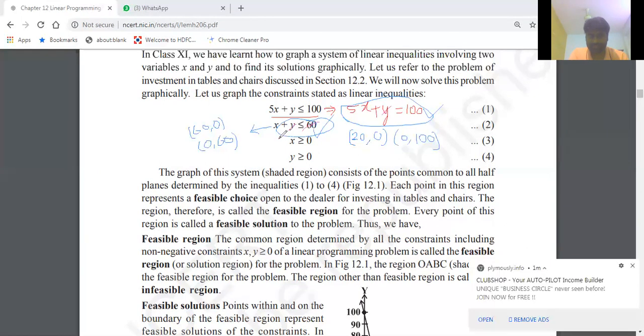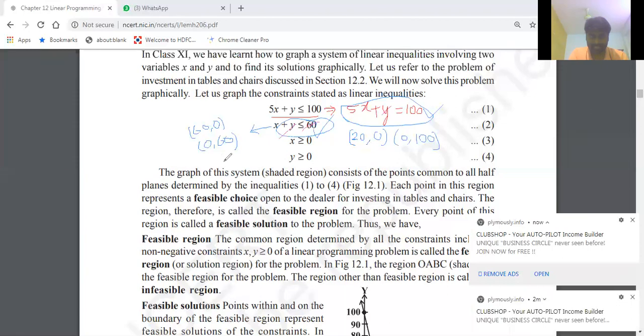Then what will you get? 5x minus x, 4x. 4x equals 40, x equals 10. So I can write 10 comma, if I substitute 10, what is y? 50. x plus y equals 60. So 10 comma 50, finished. Okay, so the problem is finished. The solution was obtained here.